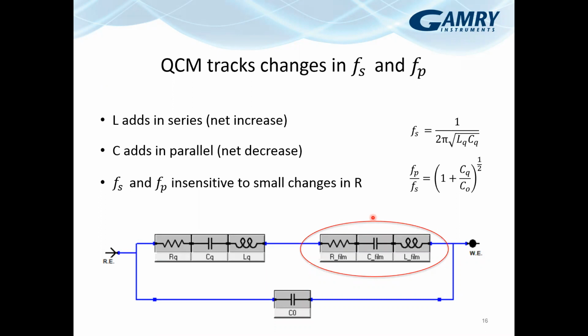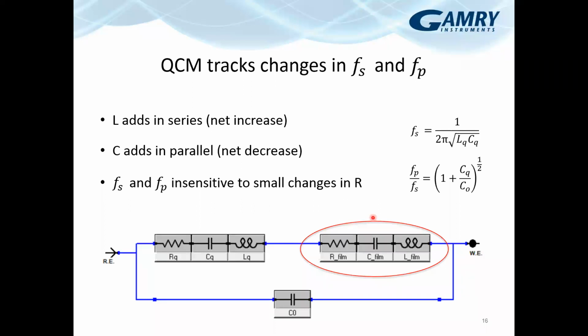That's all under the hood, and this is important. It's important to note that certain impedance characteristics are linked back to the type of film that's being formed. But actually, when you run the QCM experiment, you get a frequency shift.